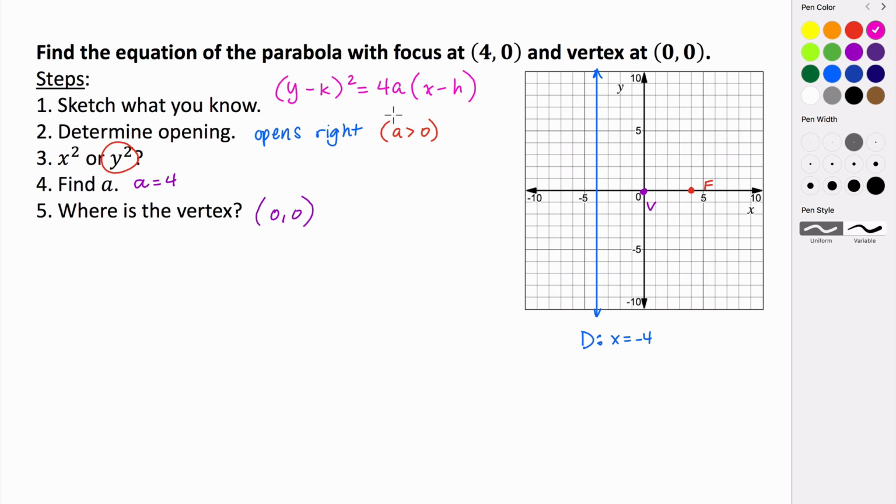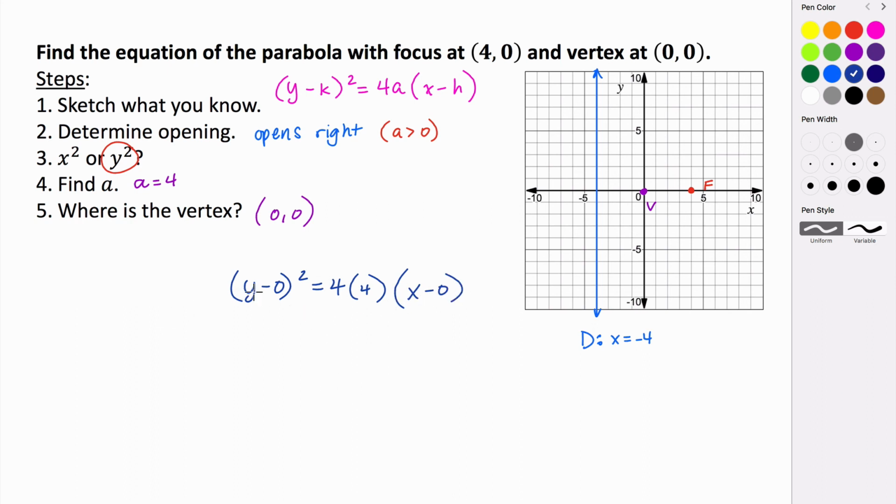And then we know that this a value is positive. So now we just substitute in the information that we know. So we know h is 0, we know k is 0. So we have y minus 0 quantity squared equals 4 times a. We said that a was 4. Times the quantity x minus 0.